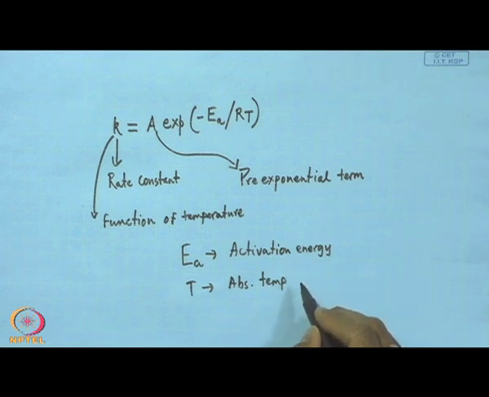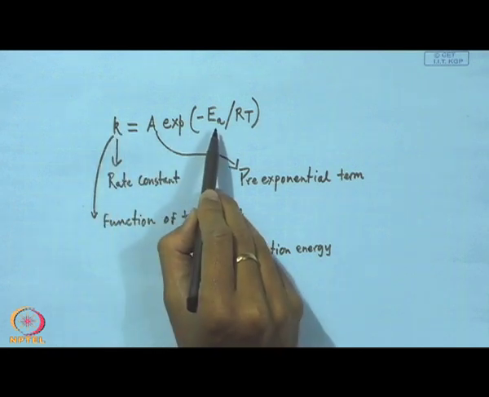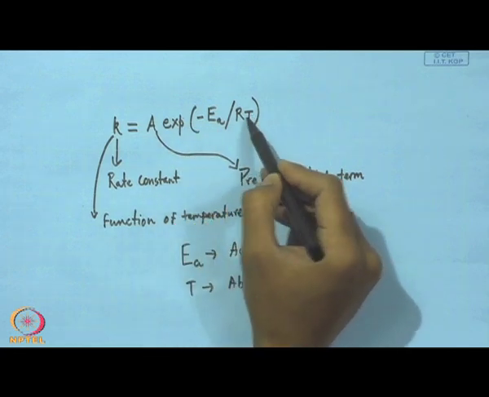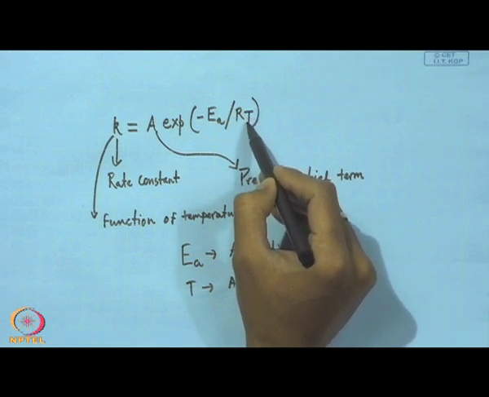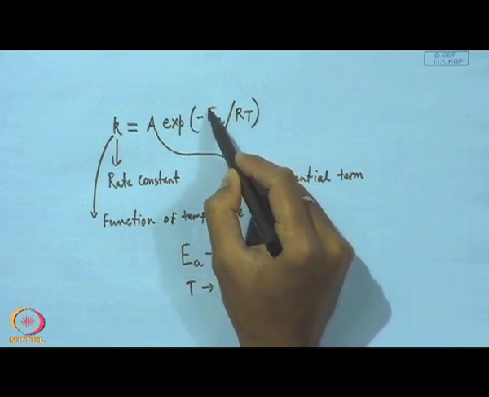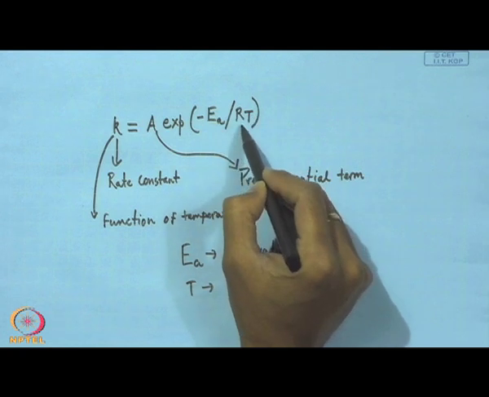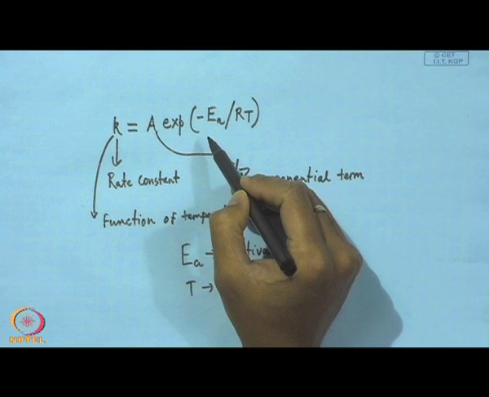So, you see that this k increases exponentially with increase of temperature, because this T is in the denominator. As T is increased, this term is decreased with a constant value of EA, and decreased with a negative sign means there is a net rise.